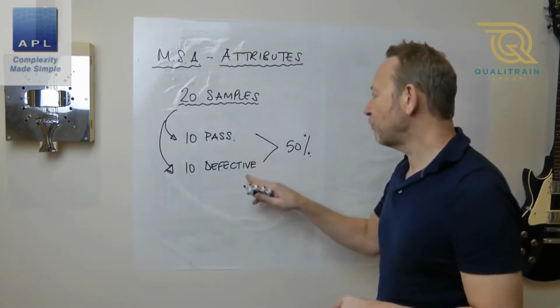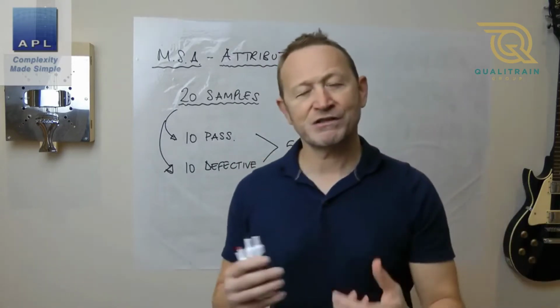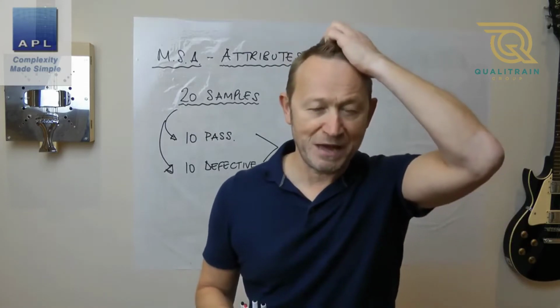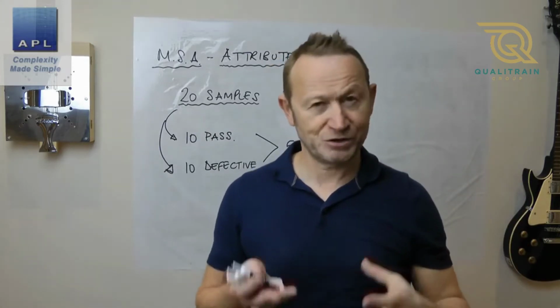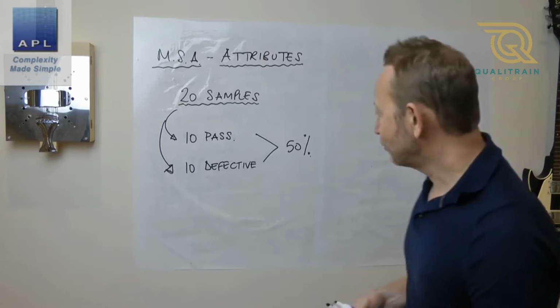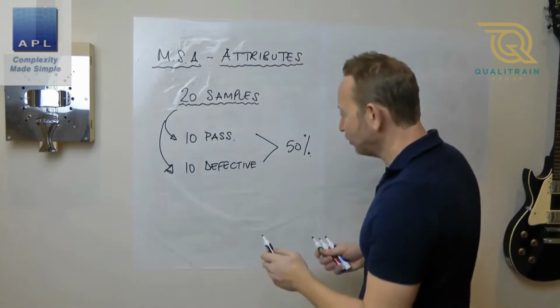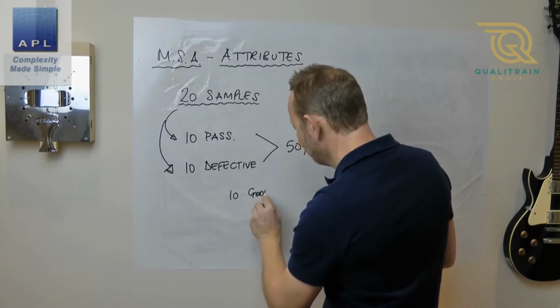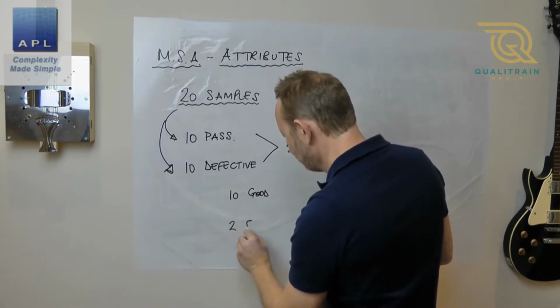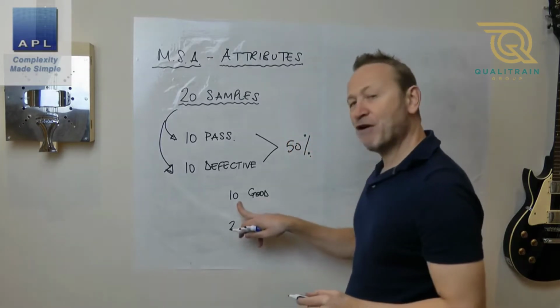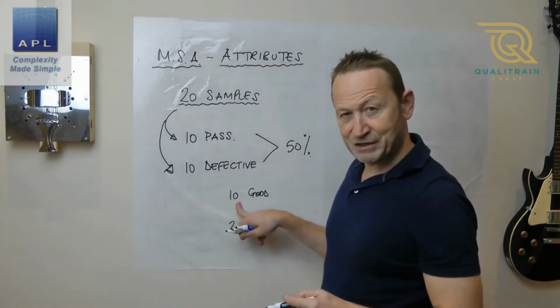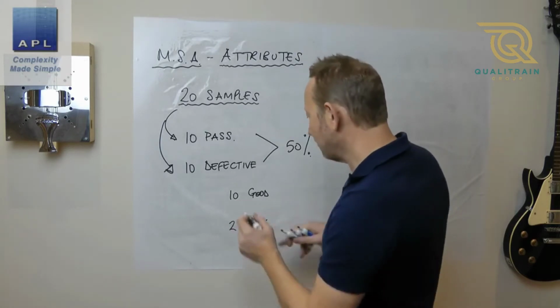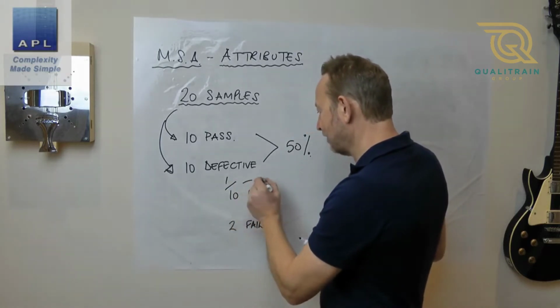And the reason for that is because all the statistics that come with this method are all worked out as percentages. So if you decided to offer up 10 that were pass, 10 good ones, and 2 that were fails, if I make a mistake when I'm assessing the good ones, well, I make one mistake out of 10.